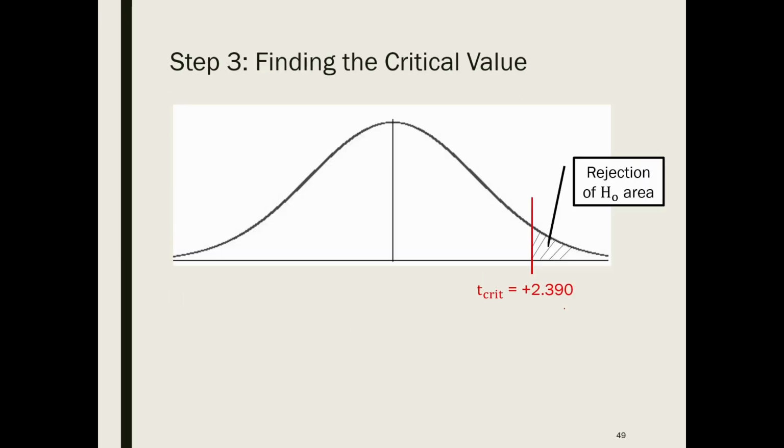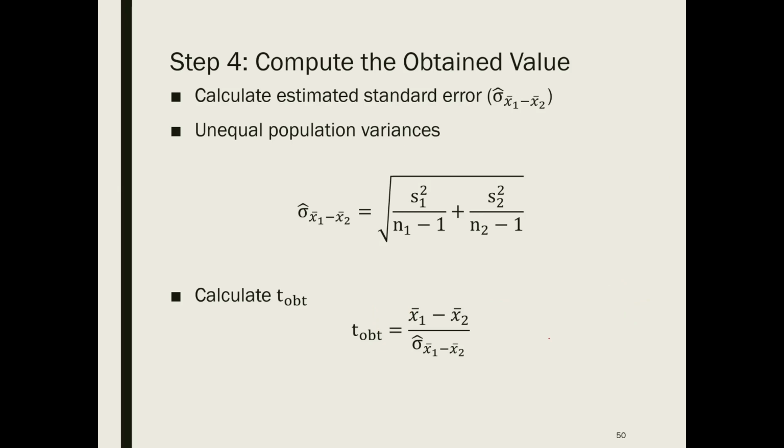And once more, if you get the t obtained here, maybe t obtained is 5, you are going to reject the null. If you get a t obtained like 1 or maybe negative 1, then it's in the non-rejection area, so you are going to accept the null hypothesis. Okay, so actually, if the degree of freedom is a little bit complicated to calculate in this example, then the obtained value is really easy.